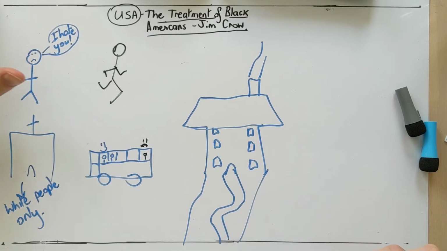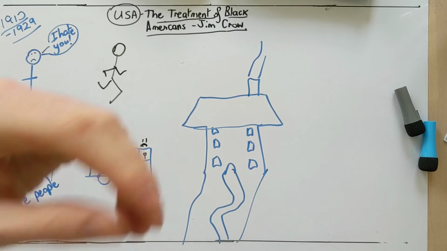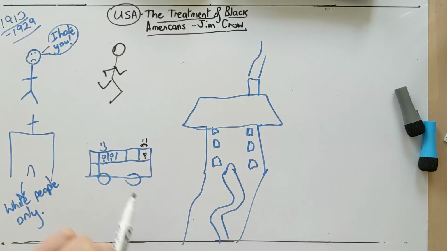And this becomes really, really important because, although it's not in our time frame, so we're looking at 1910 to 1929, later, in the 50s and 60s, when black people really start to fight for their rights and to make headway, because they're always fighting for their rights, this becomes really important because of a lady called Rosa Parks, who one day basically gets told to move to the back of the bus because a white person wanted to sit down.